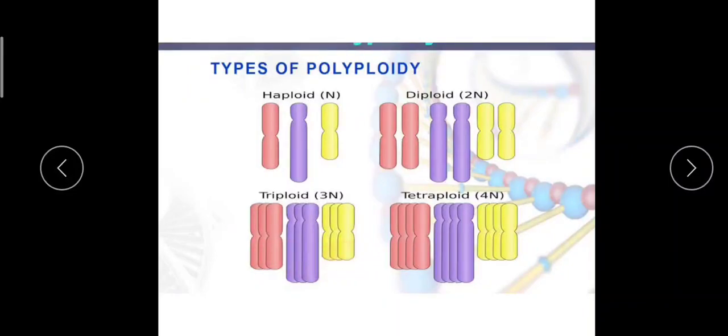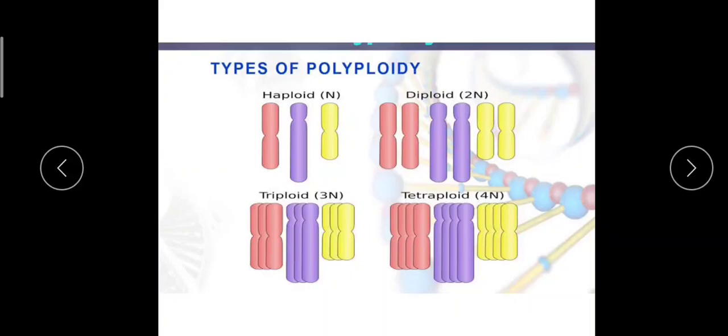If that is present, then we represent it as 3n, and that condition is called triploidy, and the cell with this condition is called a triploid cell. If 4 copies of each chromosome are present, then that cell is called tetraploid, and that condition is called tetraploidy.